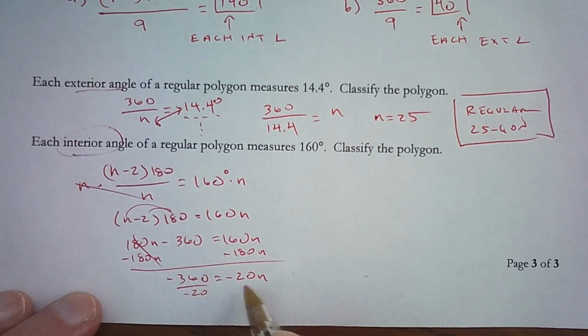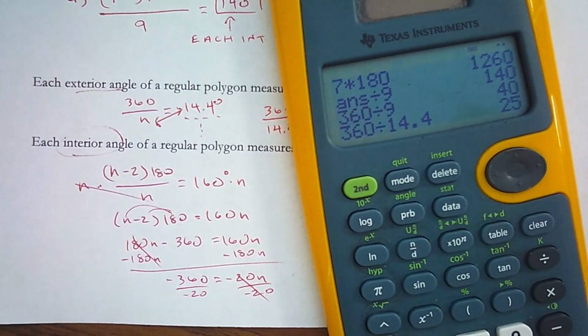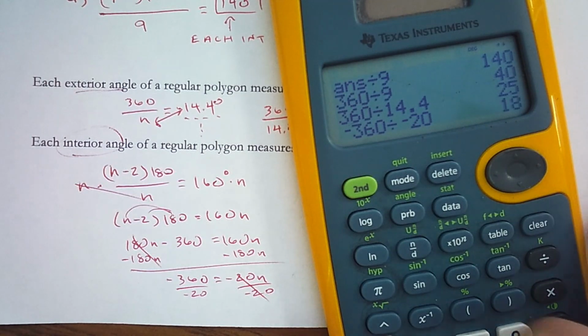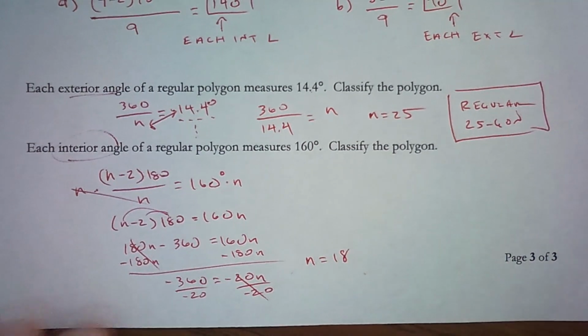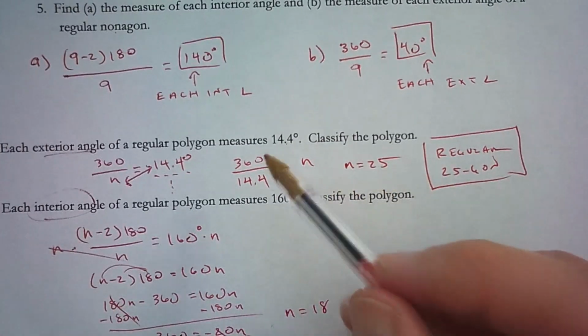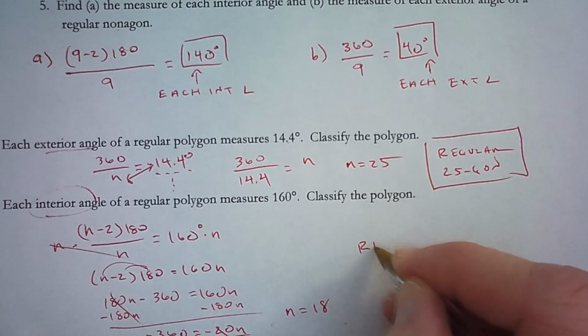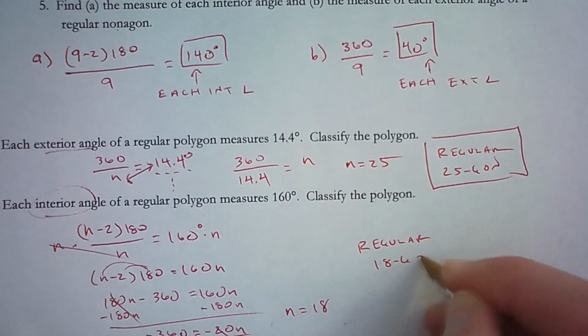And then let's divide by negative 20. So I have negative 360 divided by negative 20, and that is 18. So n is 18, which means that if each interior angle is 160 degrees, we have a regular 18-gon.